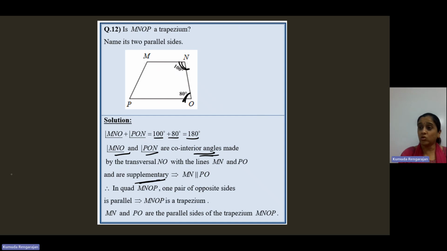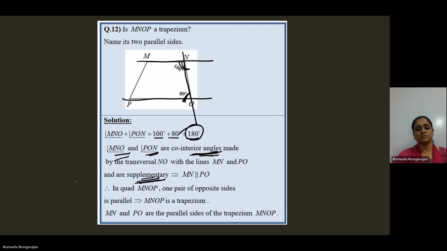It's not enough that they are co-interior angles; they must be supplementary, because we just found their sum. They are co-interior angles made by the transversal NO with the lines MN and PO, and they are supplementary. So the lines are parallel.